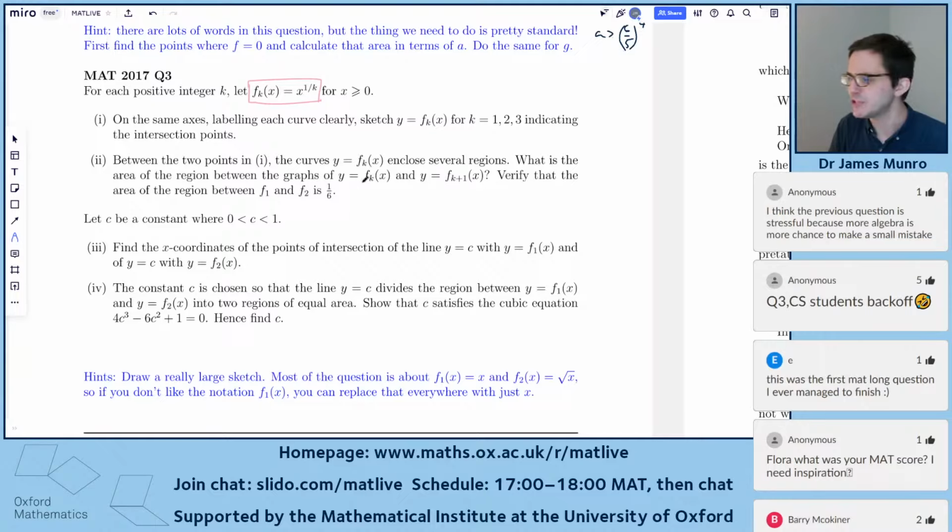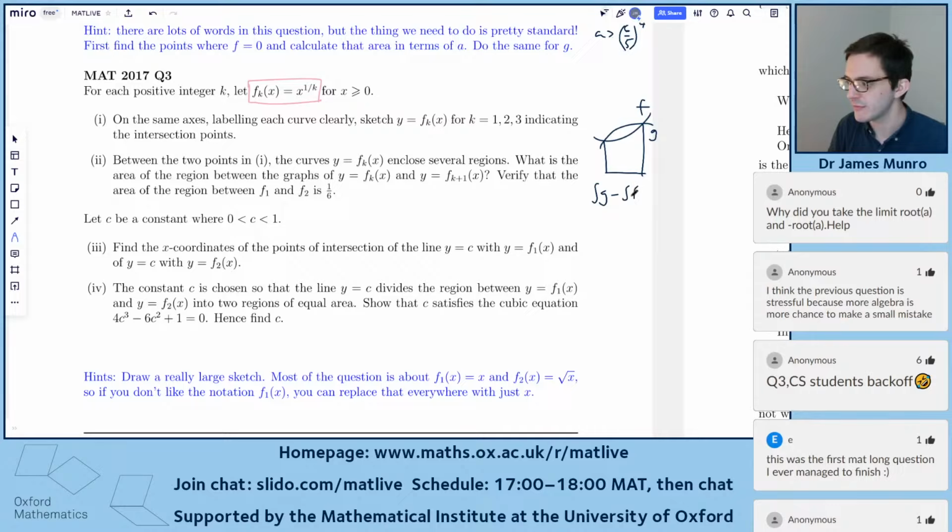I'm not really sure if people learn this as a fact or just notice it for themselves, but if you've got two functions, f and g, and you want to work out the area in between, then you could think of that as being the integral of g minus the integral of f in this picture, or you could think of that as the integral of g minus f dx. Dx is everywhere. Sorry, I was being lazy there. You can think of it as the difference of the integrals or the integral of the difference.